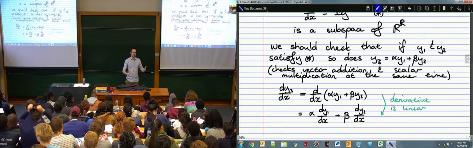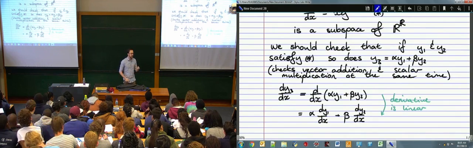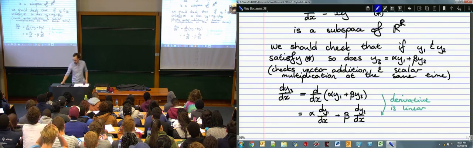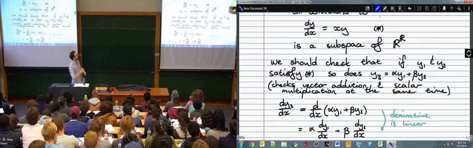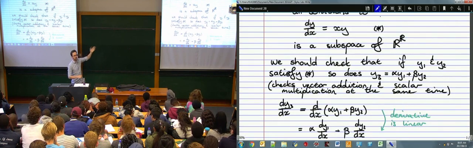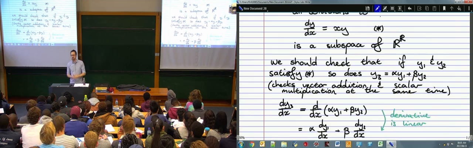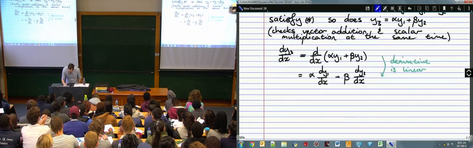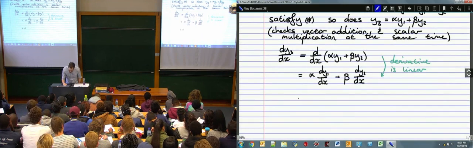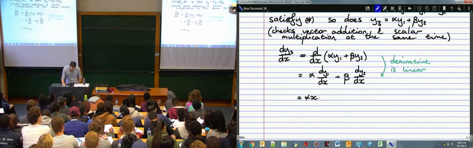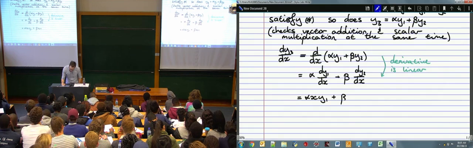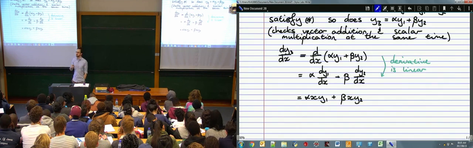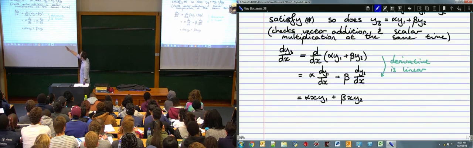Now, the functions y1 and y2 are not arbitrary functions. They are functions which solved that differential equation star. That just means that the derivative of y1 must be equal to xy1, and the derivative of y2 must be equal to xy2. So we can write this next line as alpha times xy1 plus beta times xy2, just because y1 and y2 are solutions to this differential equation.